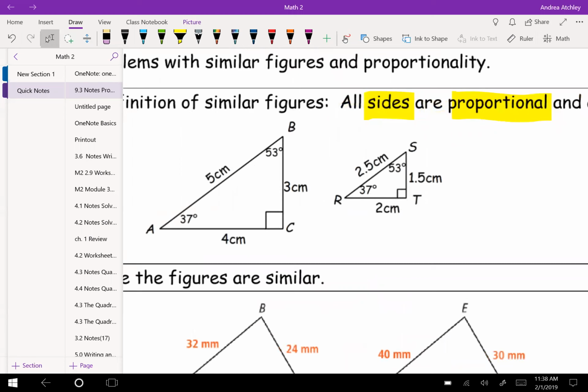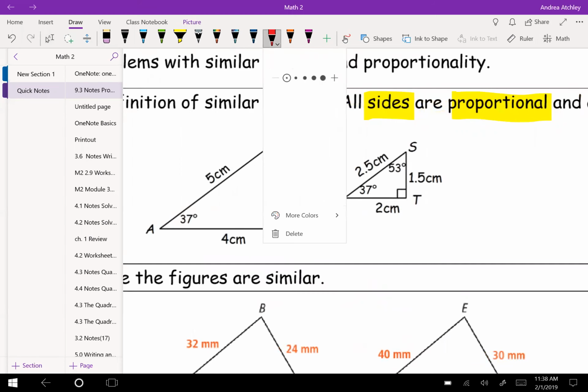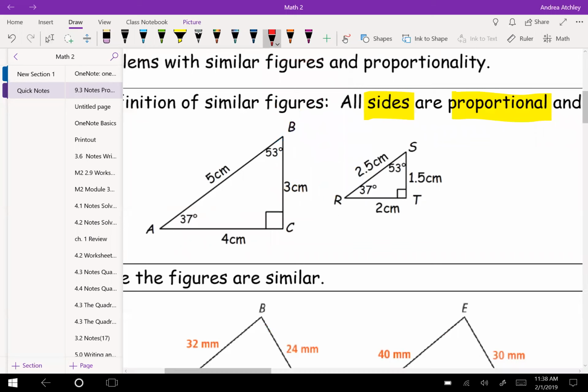You can clearly see that angle A is congruent to angle R. This is the angle mark, just so you know, that's the angle sign.